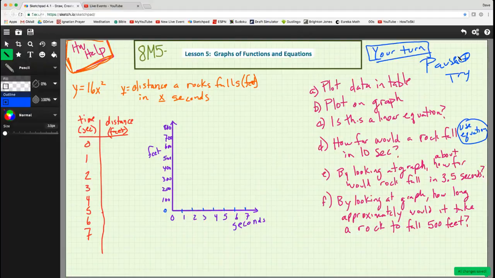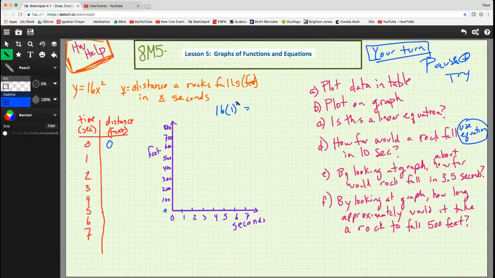All right, I assume you're back. Now let's go. So let's plot this data in a table. Well, if x is 0, my distance is 0. If x is 1, I get 16 times 1 squared. And right, we have to square the 1 first. We don't multiply by 16.